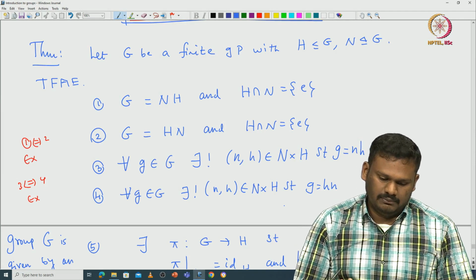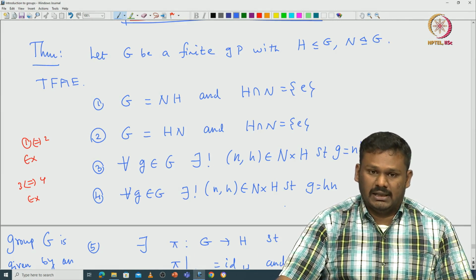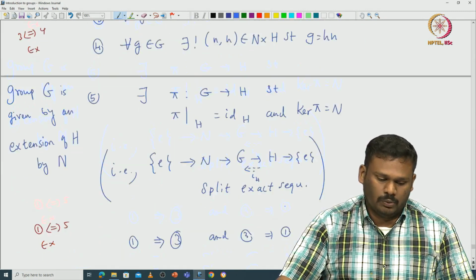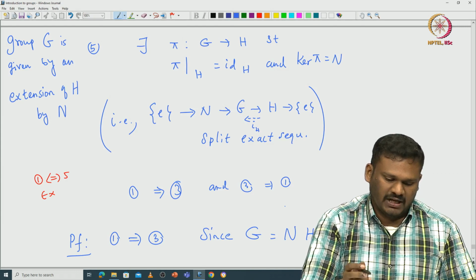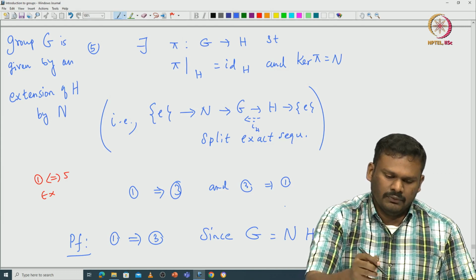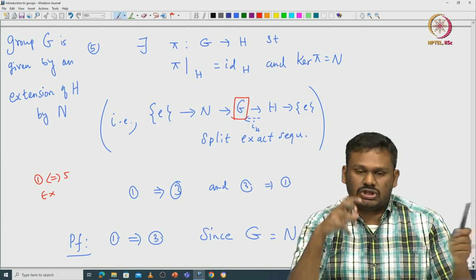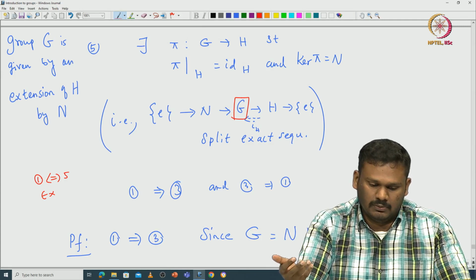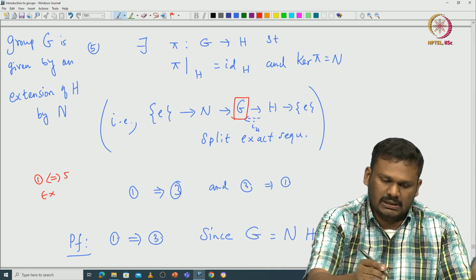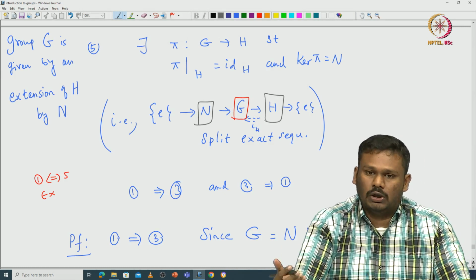Now if you think about it, semi-direct products naturally arise in the context of group theory. Basically, this is an extension of H by N, that is the natural thing. We are interested in constructing G from smaller groups. Both N and H are smaller groups.